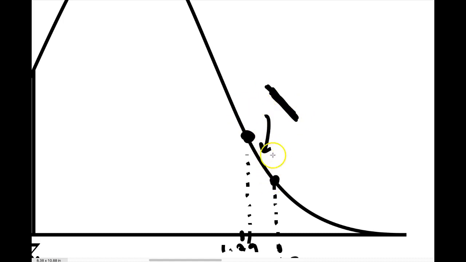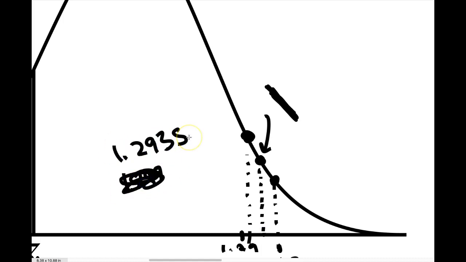And so what we're trying to do is we want to find out what is this actual point that goes along with the data value of 1.29, but the 1.2935 value that we were talking about before. Okay. And so we're going to assume that these 2 points are on a line, and that we're going to try to find basically the corresponding y coordinate for this particular point here. So that's what linear interpolation is about.